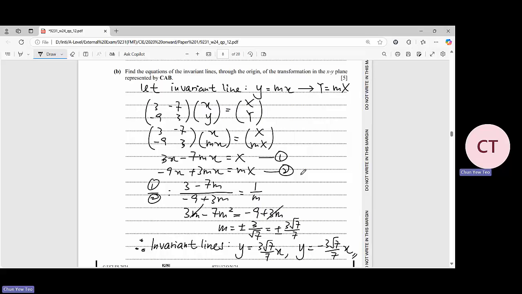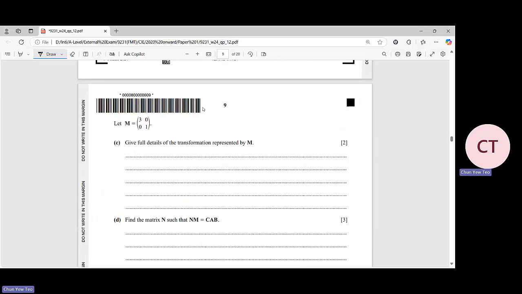Now we're moving on to C. They give you the matrix M like this, and they want us to describe the details of this transformation. So this transformation is actually a stretch parallel to the x-axis with scale factor 3.